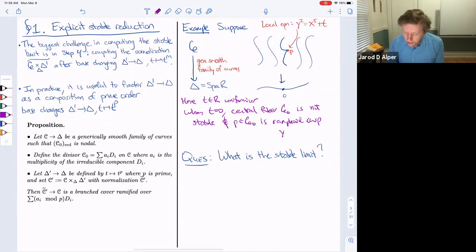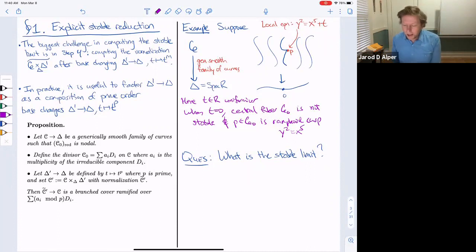When t is 0, the equation is y squared equals x to the 5th. And the question we'd like to know is, what is the stable limit? In this case, we've already found some limit, and it's a particular singularity, and we want to follow this procedure to decide exactly what stable curve is the limit.